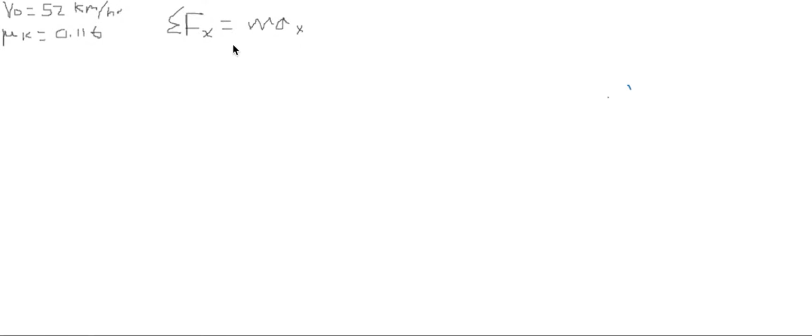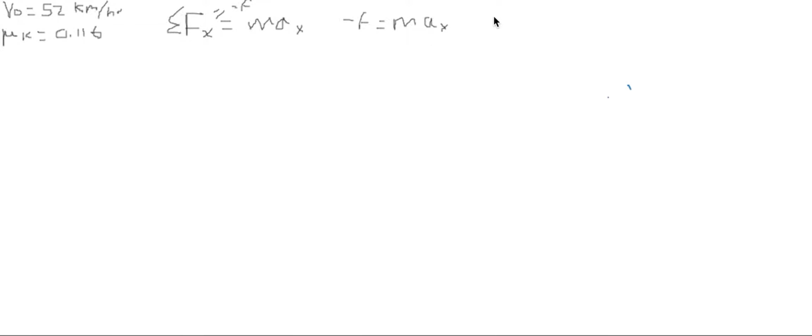And the only force acting on the car in this problem is the friction, and it is acting in the opposite direction the car is moving, so this equals negative F. So negative F, for friction force, is equal to the mass times acceleration in the x direction.